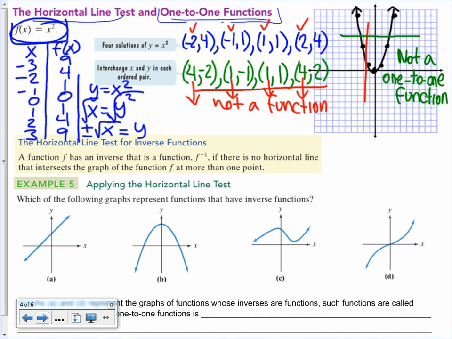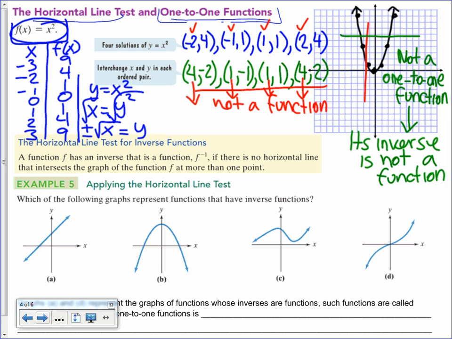And so what we get from here is that if the function is not a one-to-one function, then its inverse is not a function. It still has an inverse, but that inverse is not a function, okay?